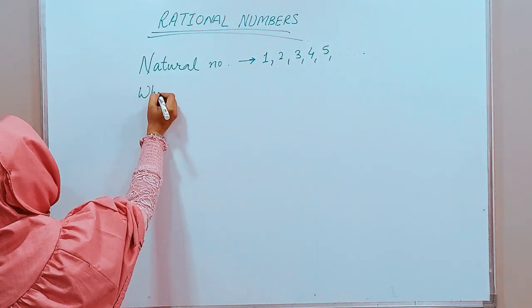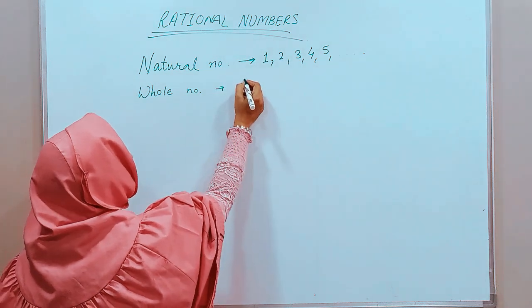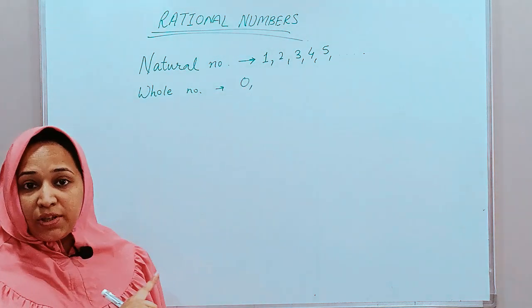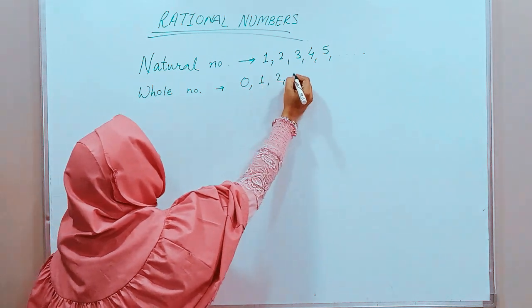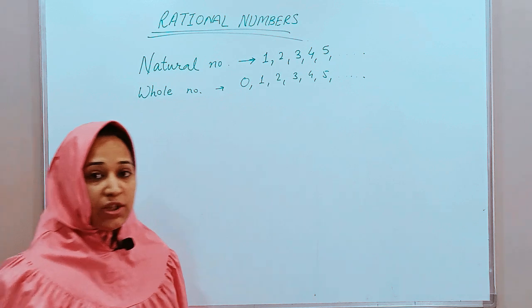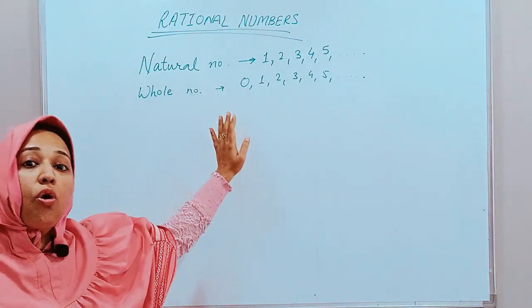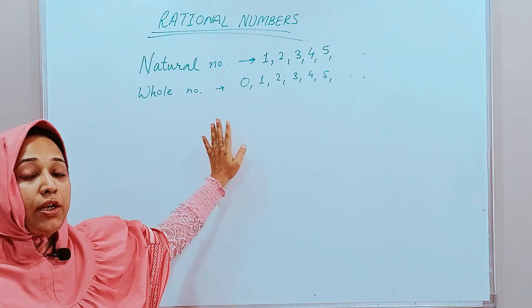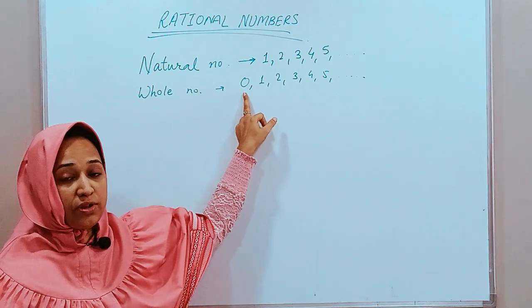When we say whole number, any number which starts with 0 is a whole number. 0, 1, 2, 3, 4, 5 and so on. This means all natural numbers are also whole numbers. But all whole numbers are not natural numbers because 0 is not a natural number.